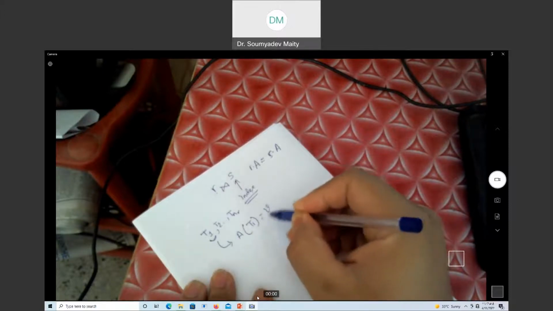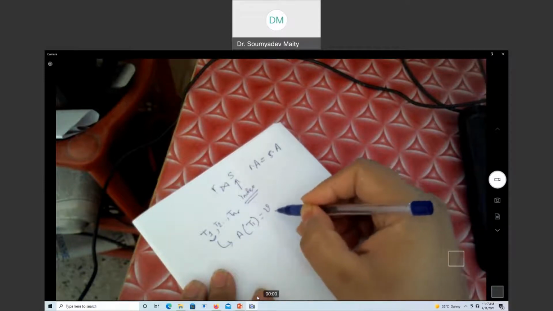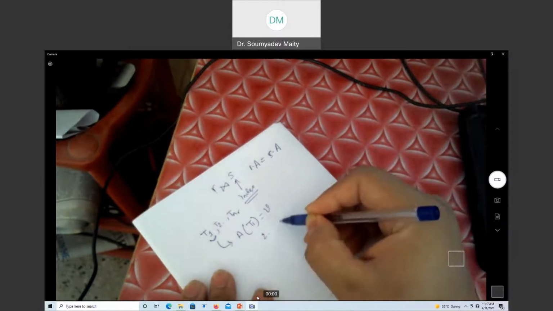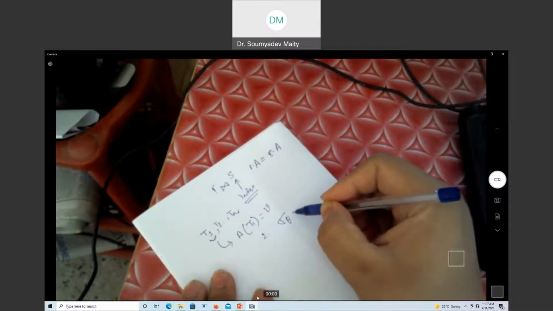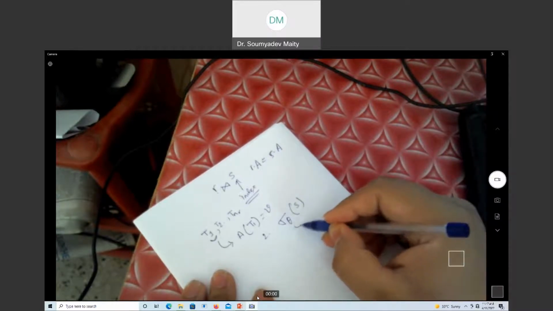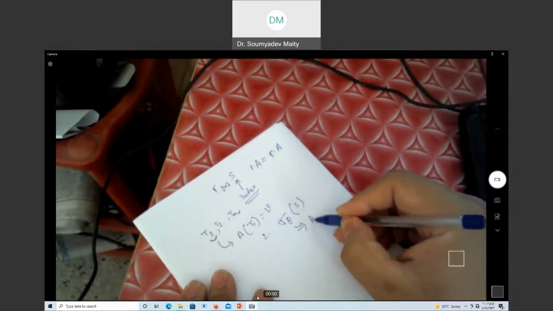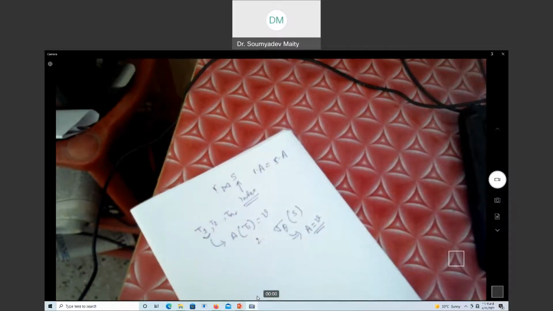Say this value is V. So the next step is that we apply sigma theta on S, where this condition theta is nothing but A equal to V. We are checking the equality condition, A equal to V.